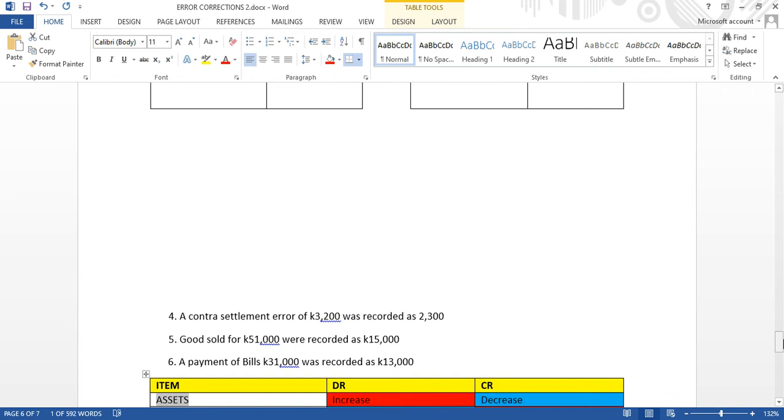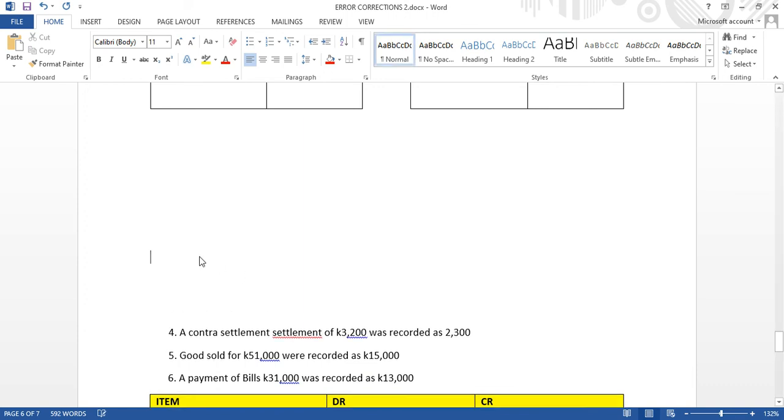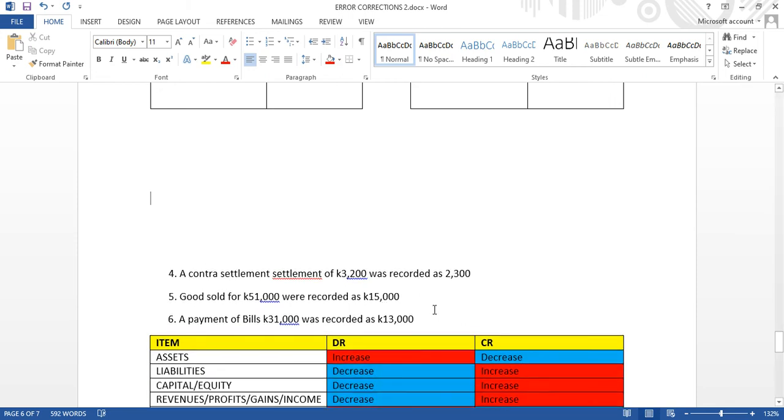We have a contra settlement of 3,200 that was recorded as 2,300.